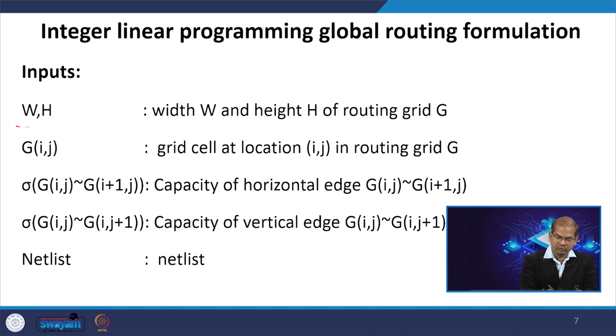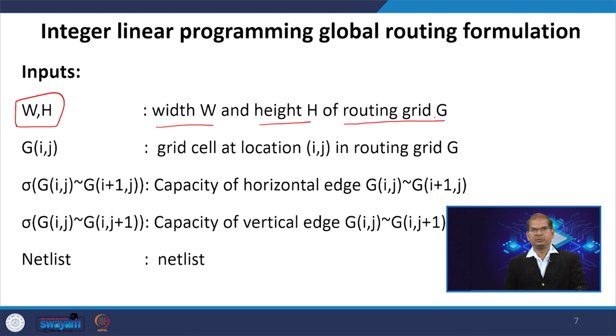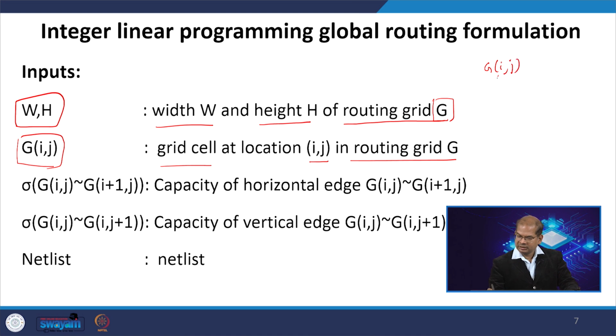We have W comma H, where W stands for width and H stands for height of the total routing area G. Then G I comma J is one of the grid cells in that layout, showing which location I comma J is in the routing grid G. In G I comma J, I stands for movement in the x direction and J is the y direction.